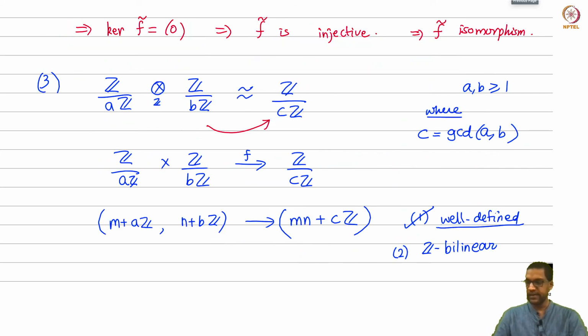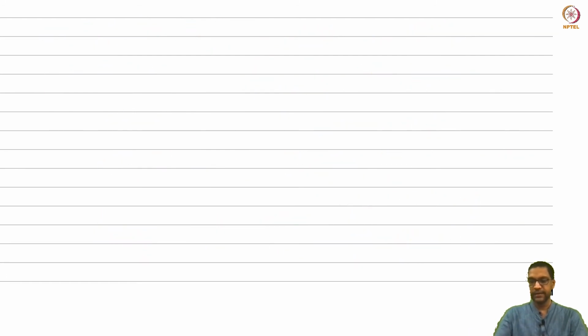So I've defined a well-defined Z bilinear map from Z mod AZ cross Z mod BZ to Z mod CZ, and therefore by the universal property of the tensor product, I will get a map.